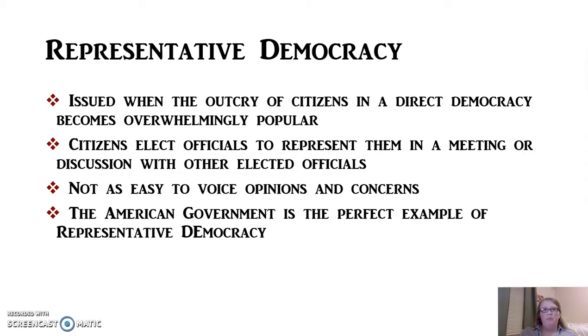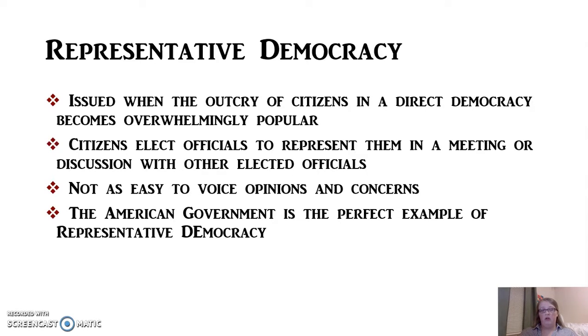This is a small portion of democracy, but the majority of the democracy we see is representative. A representative democracy is where citizens have a common problem, and there are so many of them that it's hard to talk face to face. This is where representative democracy comes into play, because it allows citizens to elect officials.